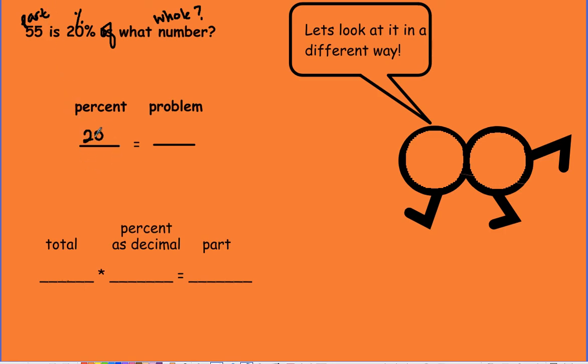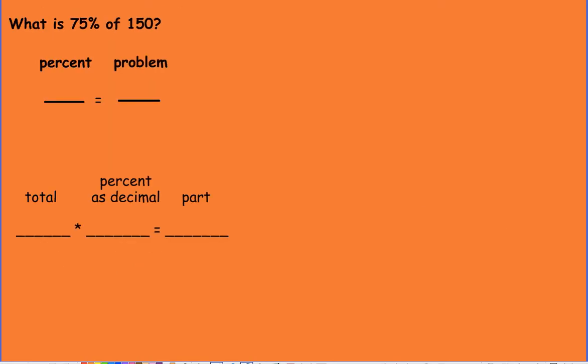So here you have 20 over 100 is equal to 55 over x. And then again, here you have x times 20 hundredths is equal to 55. All right, this one I do want you to pause and try on your own, and then when you come back, we'll check your answers.